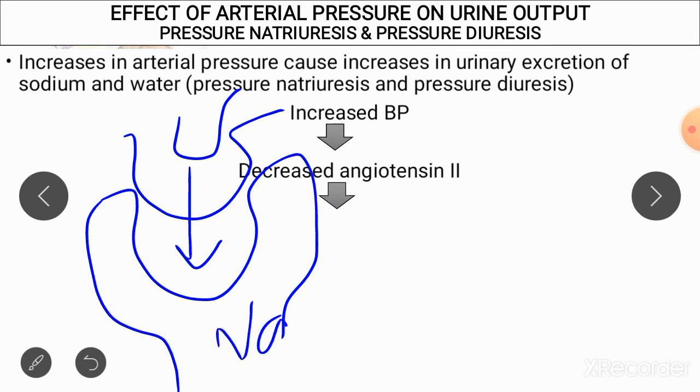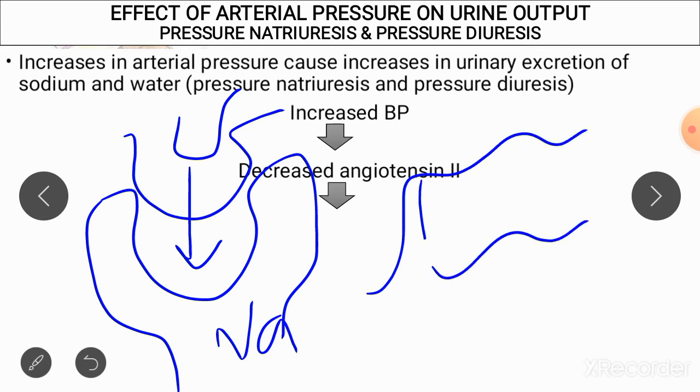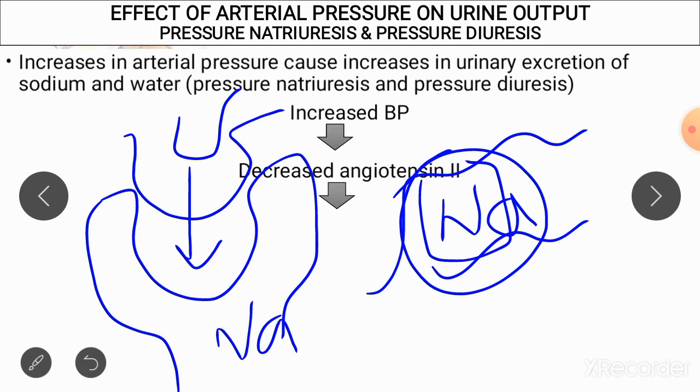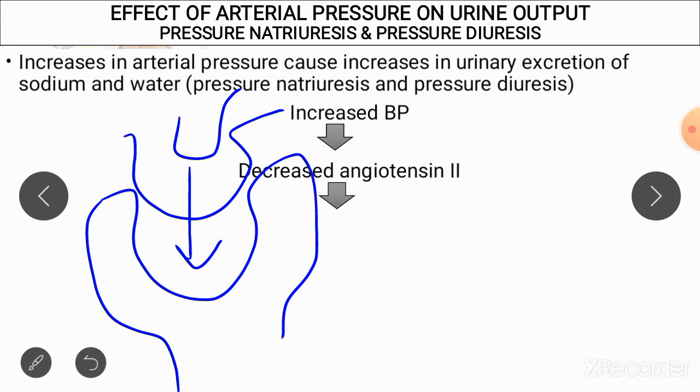And when this sodium reaches your distal convoluted tubule, your macula densa cells are going to sense its concentration, and they are going to understand that if the concentration of sodium is very high, this means that the blood pressure is high, and they are going to reduce signals to the JG cells, and there is going to be reduced formation of renin and angiotensin.